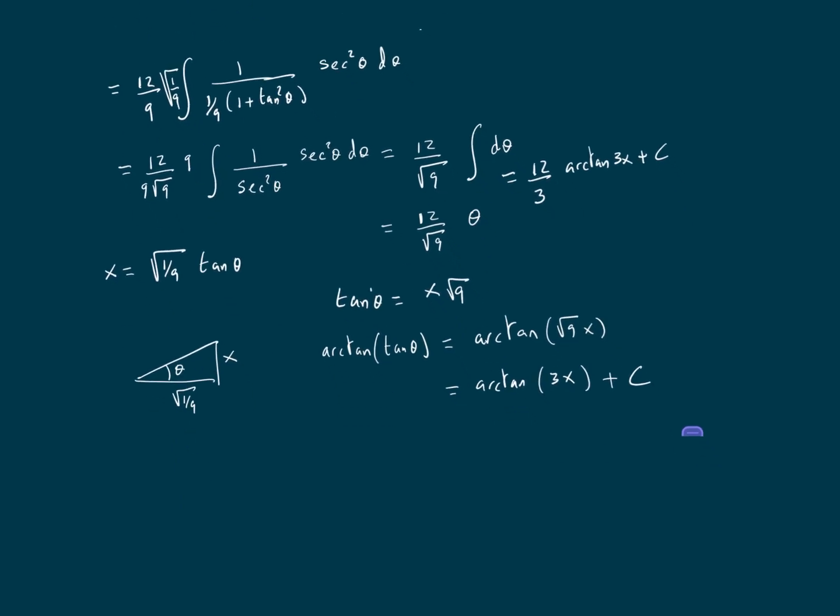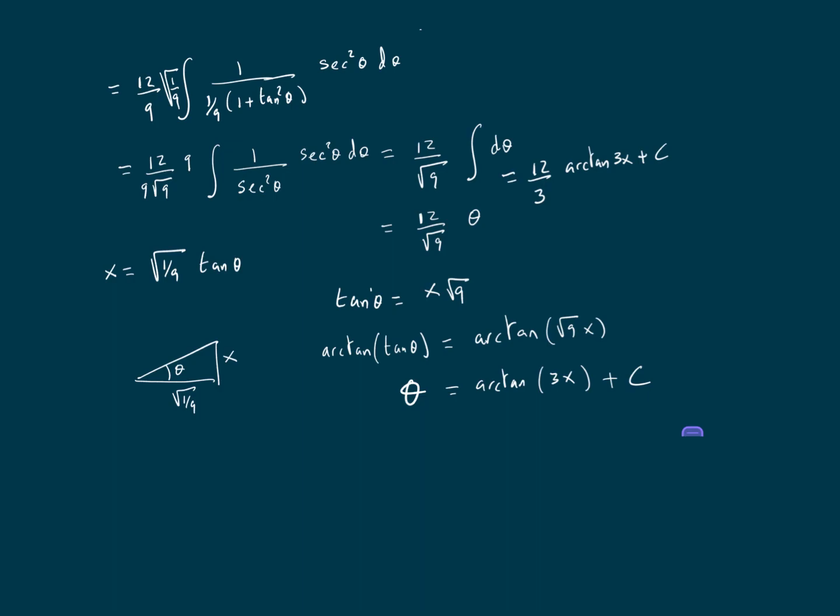If I take the arctangent on both sides of the equation, theta is the arctangent of 3x plus c.